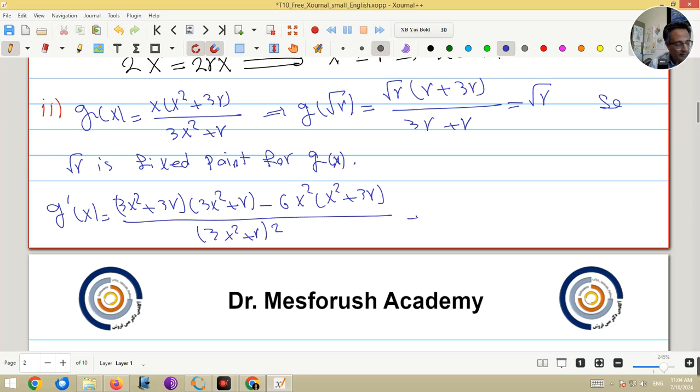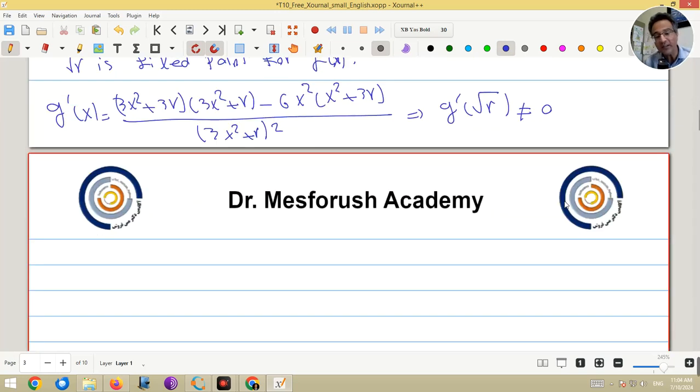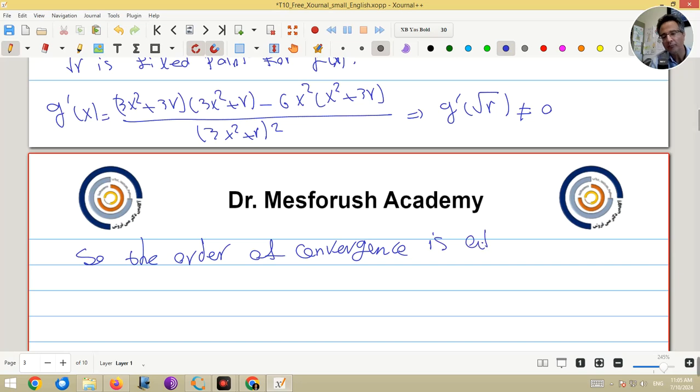Okay, and if you compute g prime of square root of r, it will be not equal to 0. So the order of convergence is at least 2.